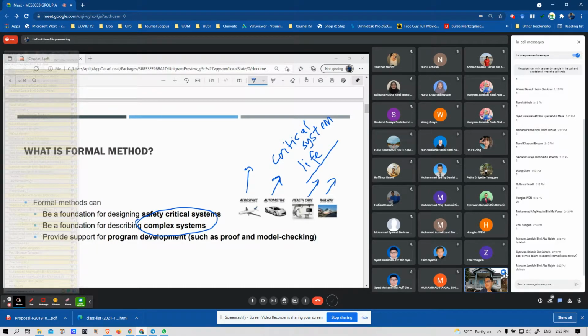The algorithm for Google is a very complex system, and then provide a program for development such as proof and model checking. Proof and model checking is very common to formal method.